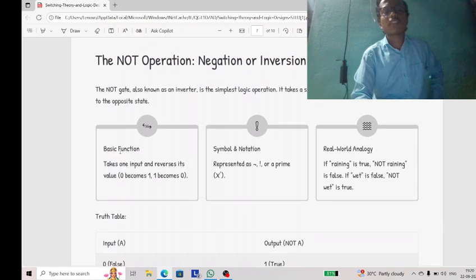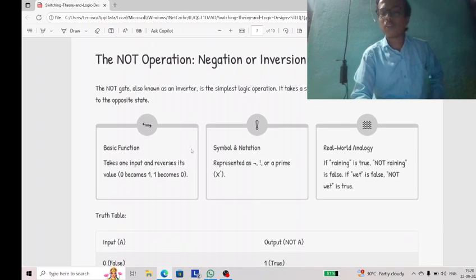If you see the basic foundation, symbol and notation, and real world analogy. First of all, the basic foundation: take one input and reverse its value. 0 becomes 1, 1 becomes 0. It is the reversal. The second is the symbol and notation of a NOT gate, you see the symbol.